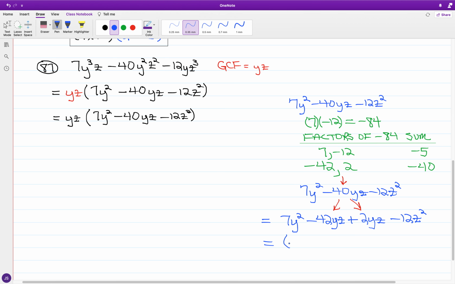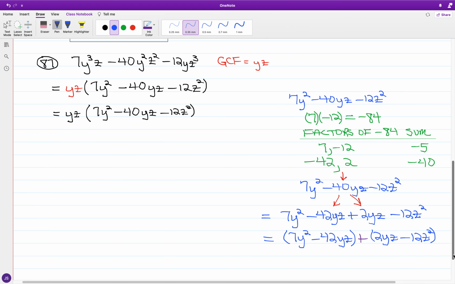So we have 7y squared minus 42yz quantity. And again, we have the middle operation of addition. And we have plus the quantity of 2yz minus 12z squared.